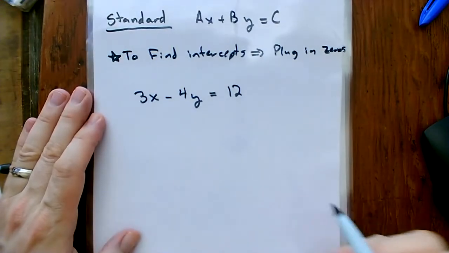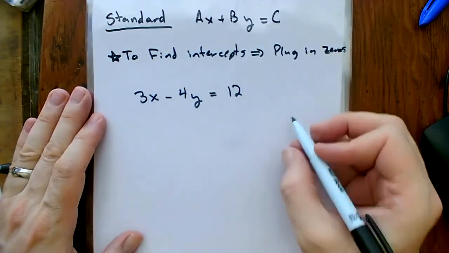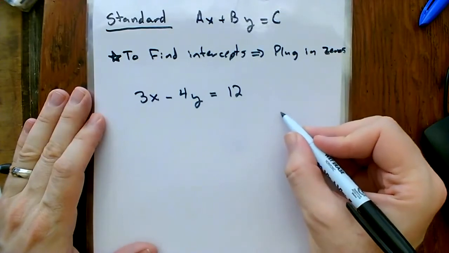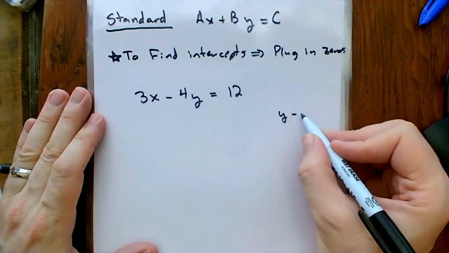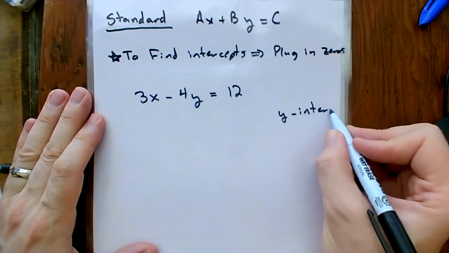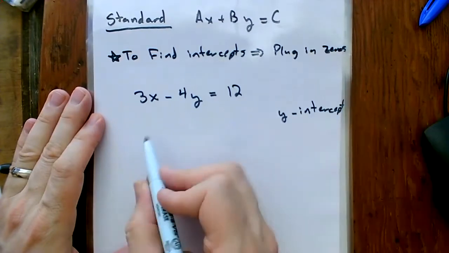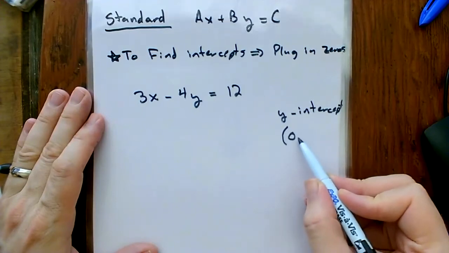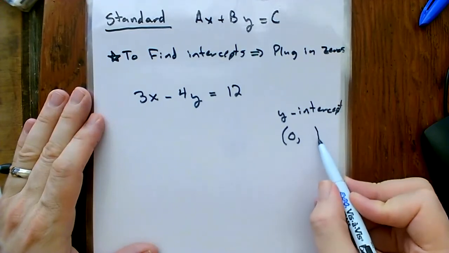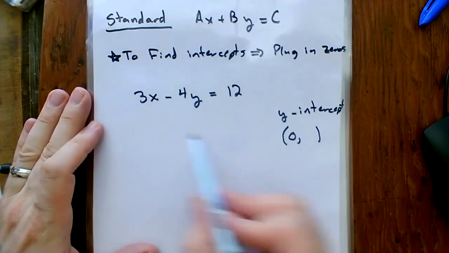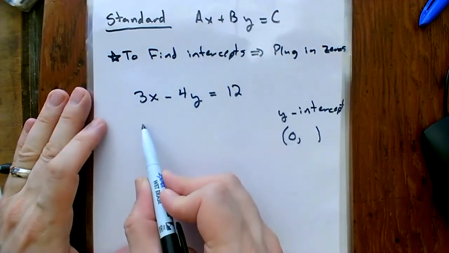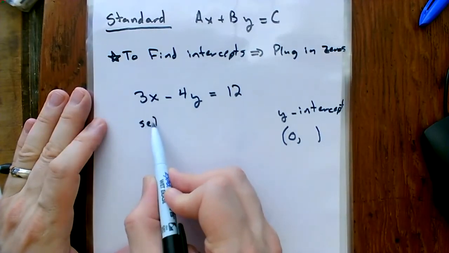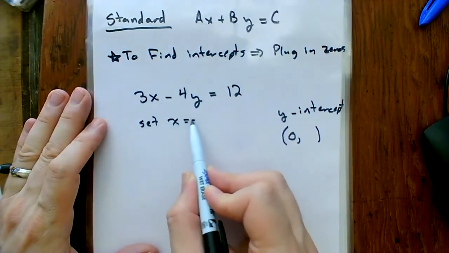Let's solve for our y-intercept. Our y-intercept is where x is equal to 0. So to find it, we set x equal to 0.